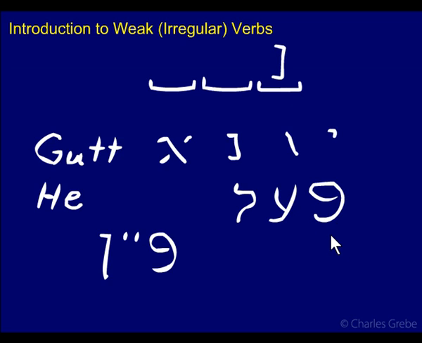Pei is the first radical in this paradigm word. If it was a medial vav, a vav here in the middle, then you'd call it an ayin vav. Or if there was a hey at the end, for instance, then you would call that lamed hey.